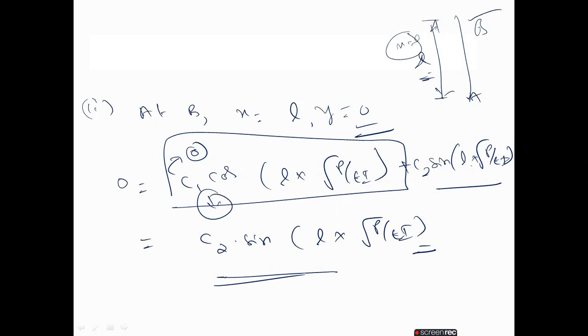From this equation, it is clear that either C2 equal to 0 or sin L into root P by EI equal to 0. These two conditions we got from the boundary conditions.